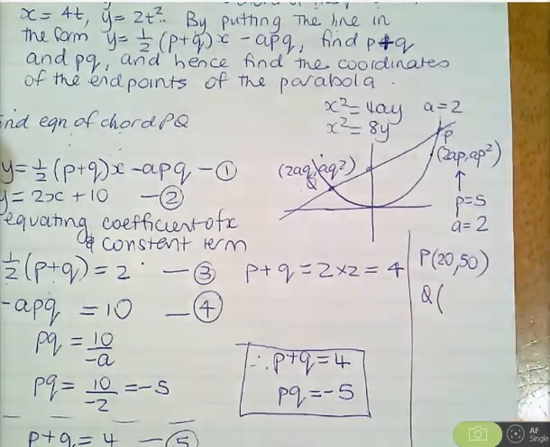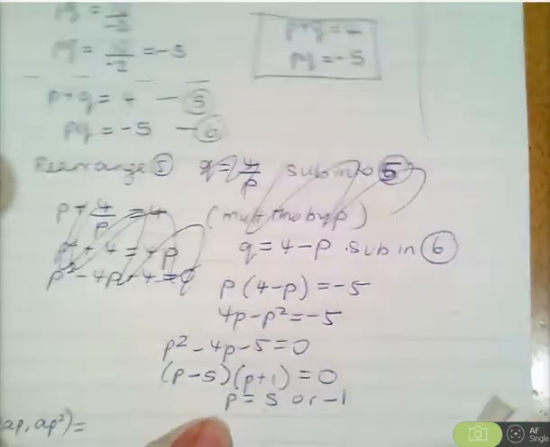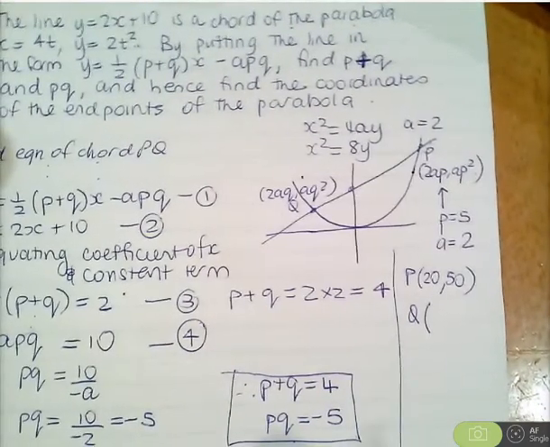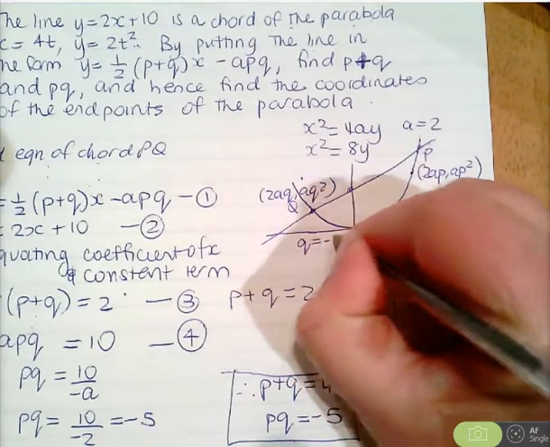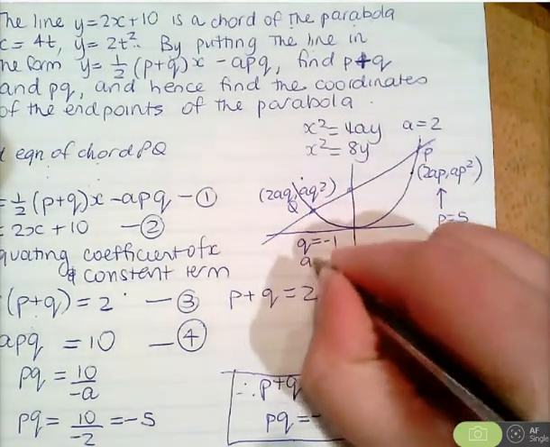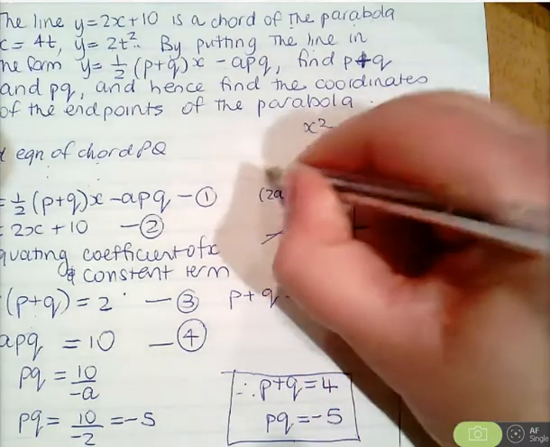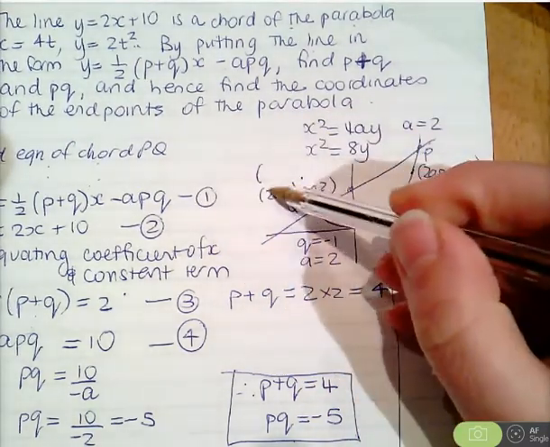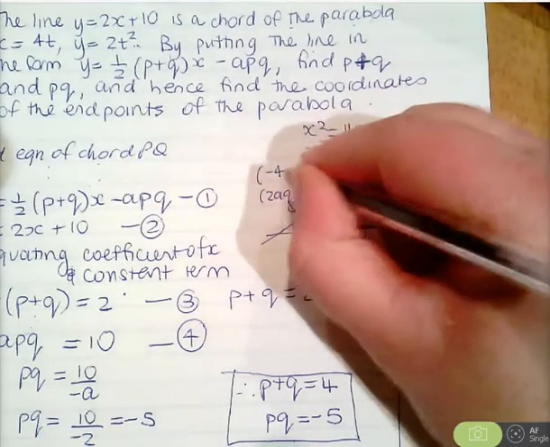Now for Q, we substitute negative 1. Looking at where P and Q are on the diagram, P is 5, but here the point Q will be negative 1. So if we substitute Q is negative 1 and A is 2 into those points, this point 2AQ is 2 times 2 is 4 times negative 1 is negative 4.